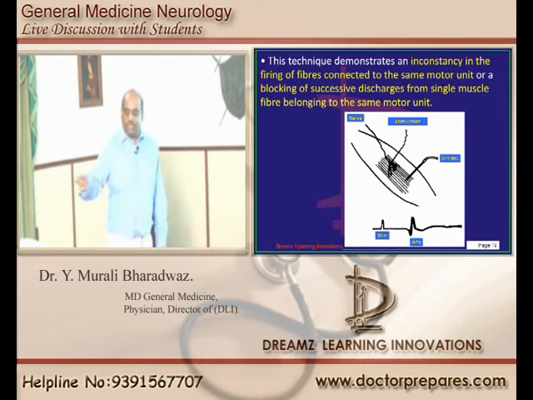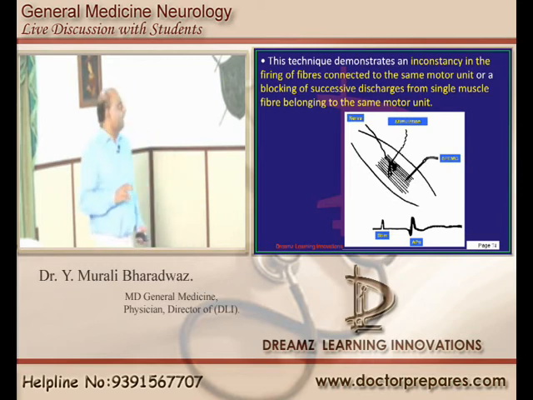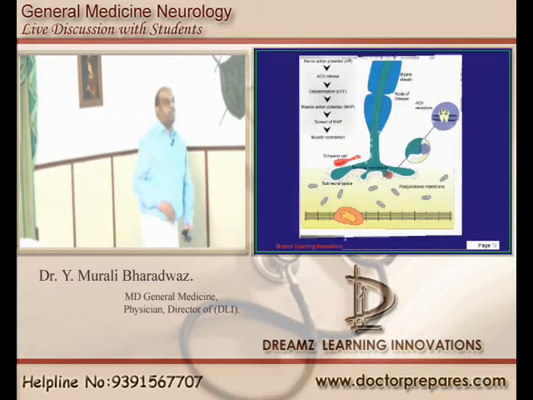So that is the reason the muscle fibers stop getting stimulated with the successive discharges, and that block in the muscle fiber firing with the serial nerve fiber firing is basically tested in single fiber electromyography, is what you have to appreciate.